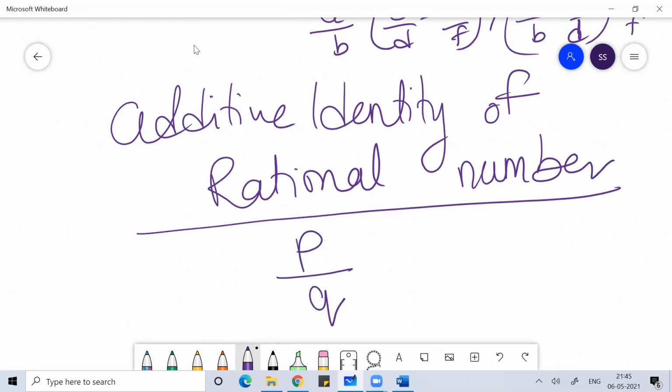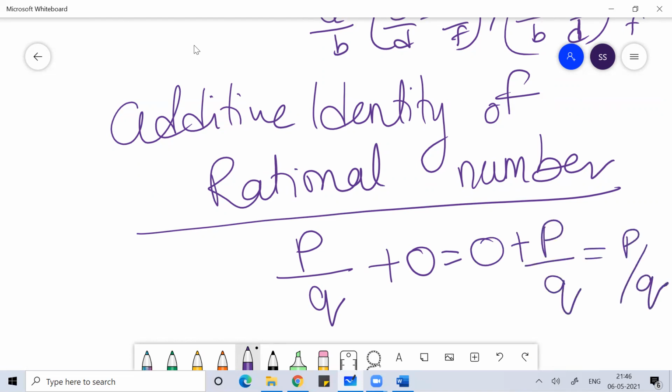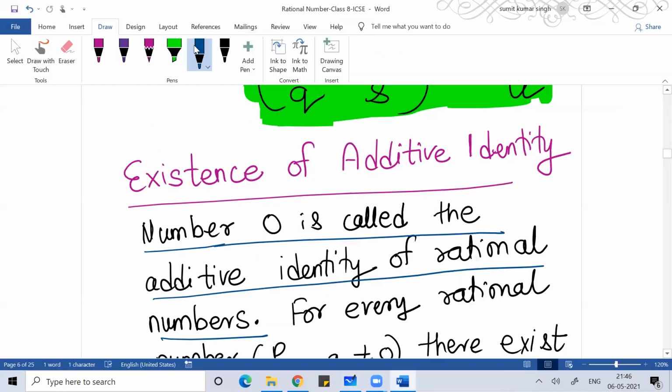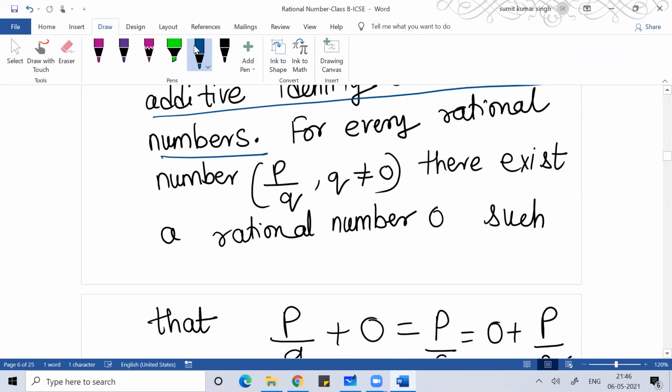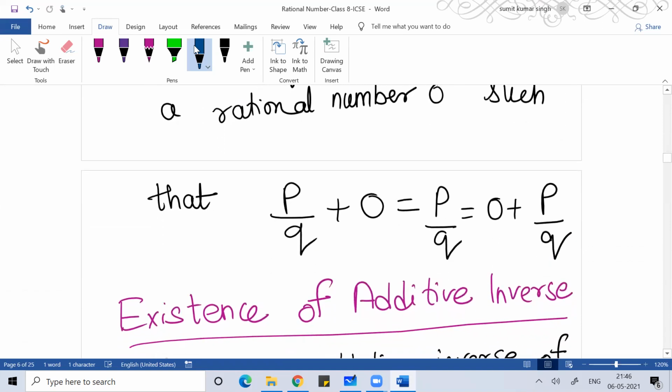If you take any rational number p by q and add zero to it, it is as good as zero plus p by q, and that will give you p by q only. This is the additive identity of a rational number, where the number zero is called the identity. Because if you add zero to any rational number, you get the same rational number.